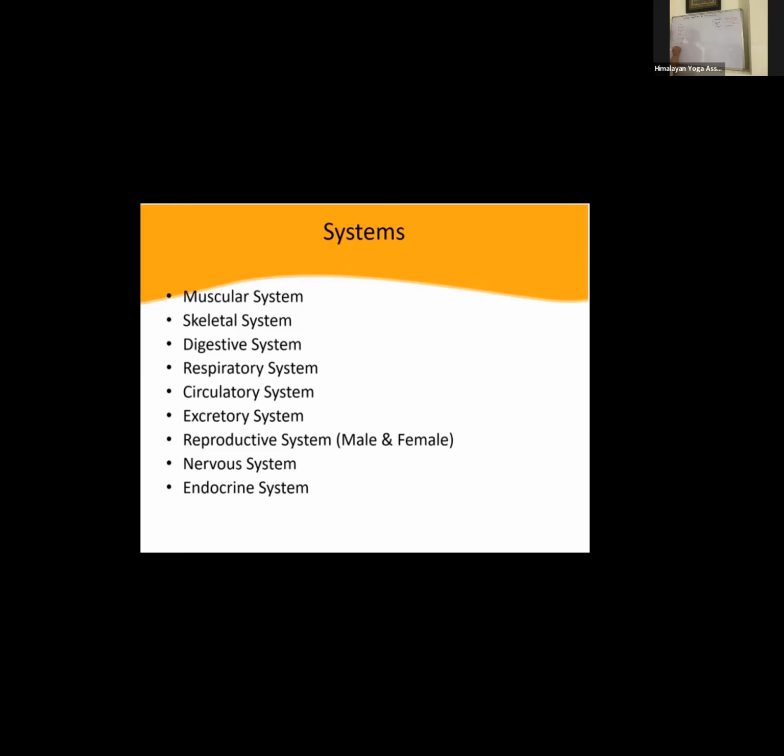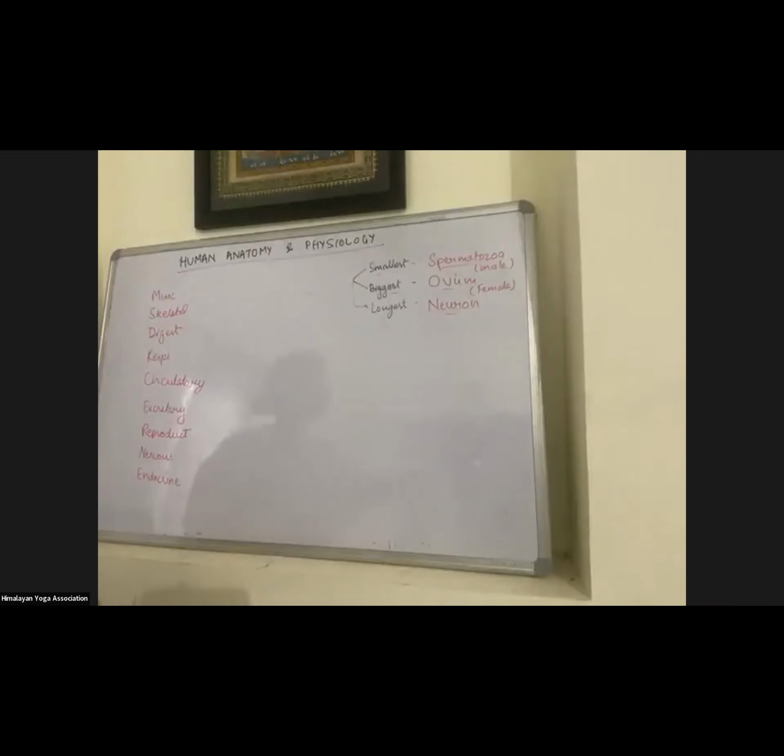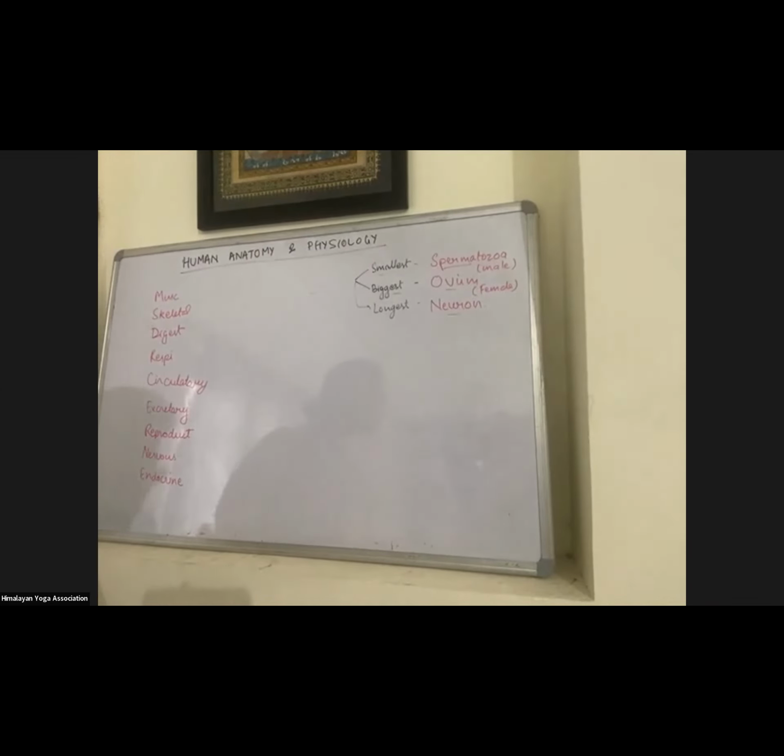Then we have reproductive, and nervous and endocrine. Okay, these are the systems we have done. We have covered these.